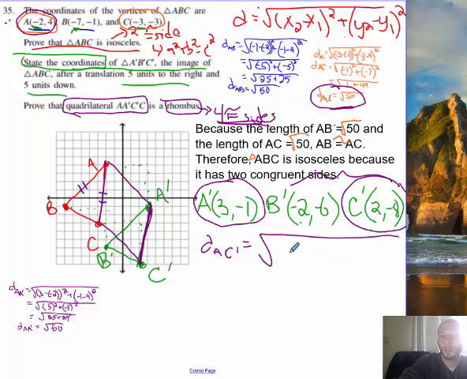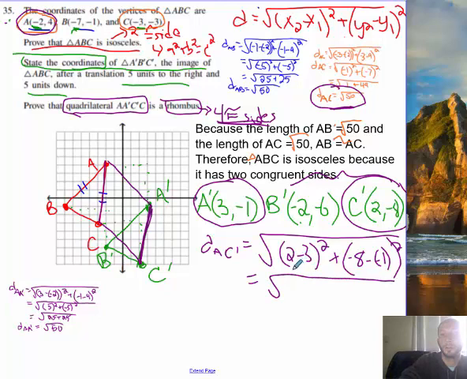So we're doing the square root of x values first, 2 minus 3 squared plus negative 8 minus negative 1 squared. Please give me the square root of 50. 2 minus 3 is negative 1 squared.